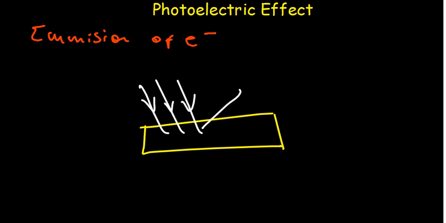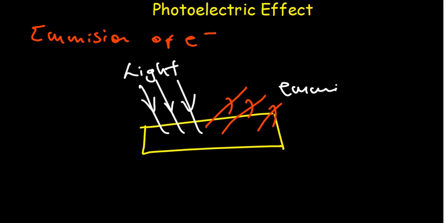Emission of electrons is what we are defining to be the photoelectric effect. We've seen that there is first of all light striking, and then we are seeing the emission of electrons.